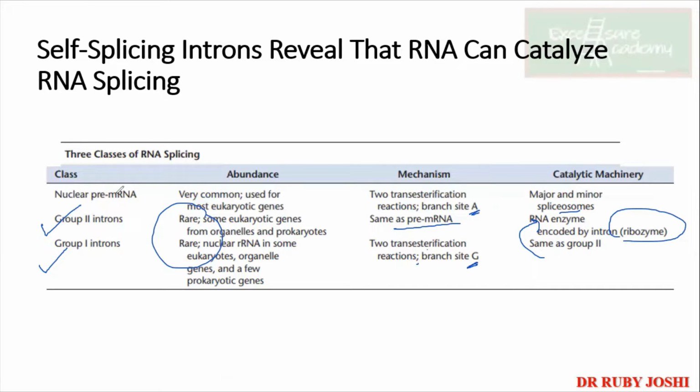Normally nuclear pre-mRNA and group 2 introns have the same mechanism. The only difference is that the branch site is A, but in group 1 we have G. The catalytic machinery is the spliceosome for pre-mRNA, whereas for group 1 and group 2 introns it is the ribozymes. Clear? Just go through it once and you'll understand.